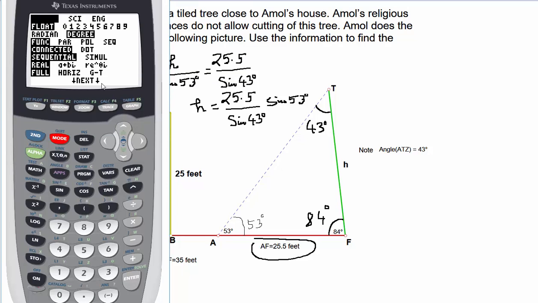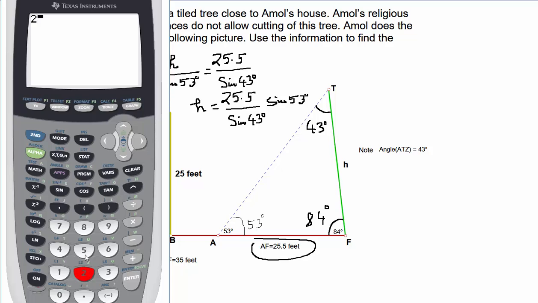It's already in the degree mode. So we will go 25.5 times sine of 53 divided by sine of 43.